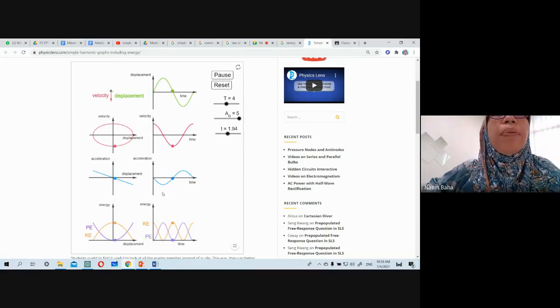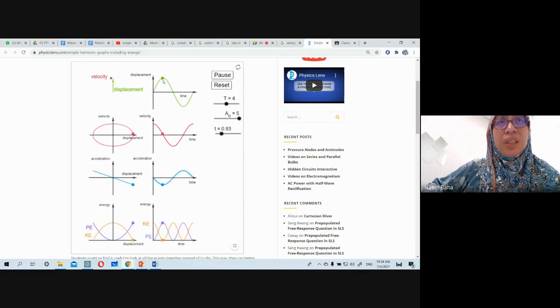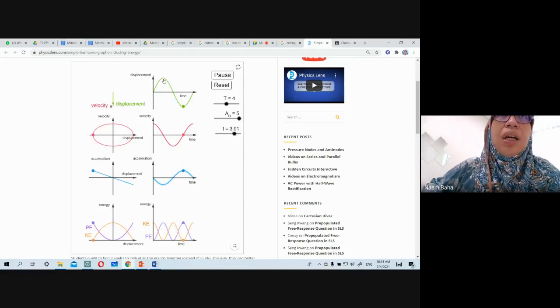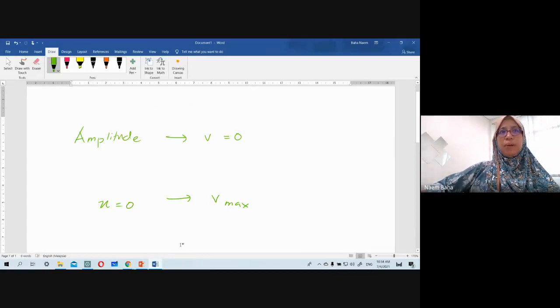All right, what happened to the acceleration? Acceleration is much easier to digest because acceleration is very similar to the displacement. Acceleration is 0 when displacement is 0. Acceleration is maximum but negative value when displacement is maximum. Why? Because of this concept.